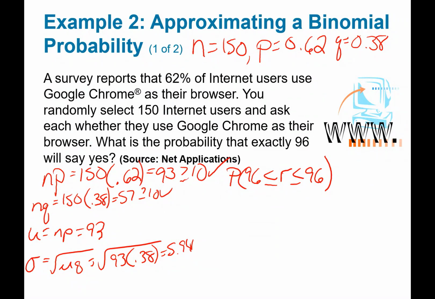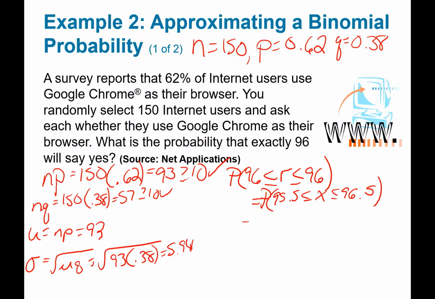You're in the interval between 96 and 96. But then that lets us do our continuity correction. So that's the probability that 95.5, if we subtract 0.5 to get our lower bound, is less than our normal random variable x, less than or equal to our upper bound, so we add 0.5 for that continuity correction, 96.5.